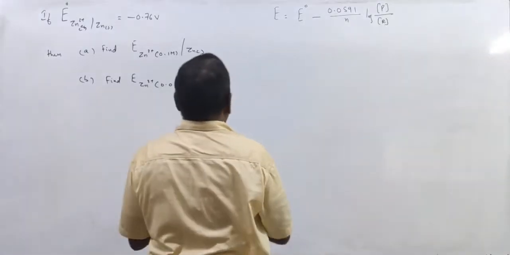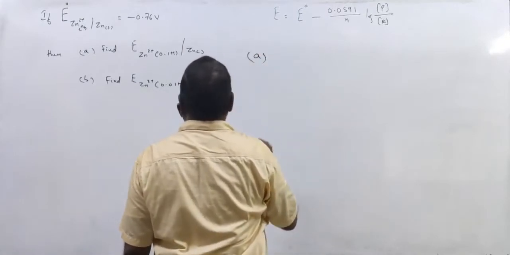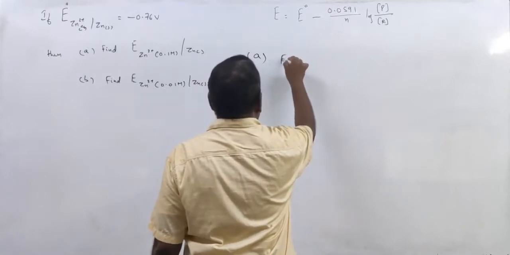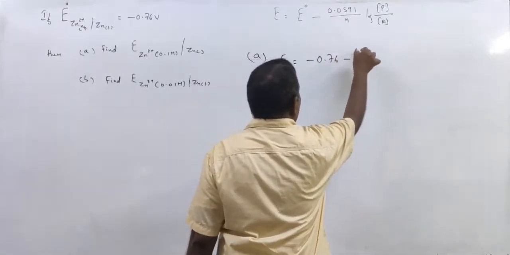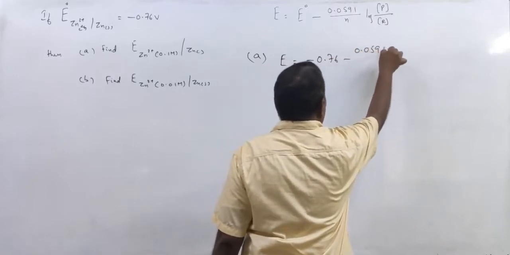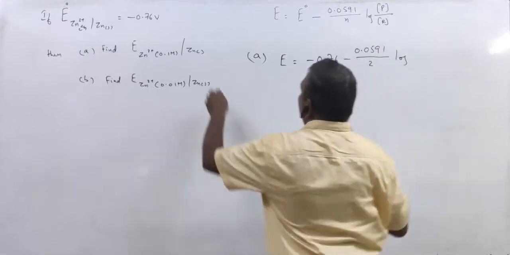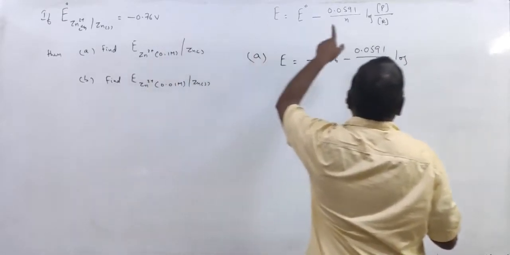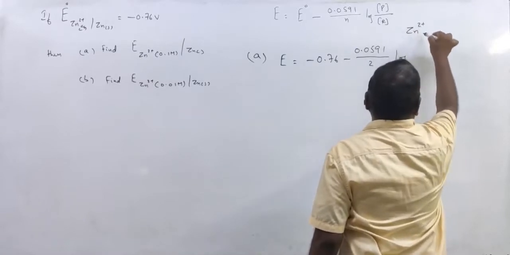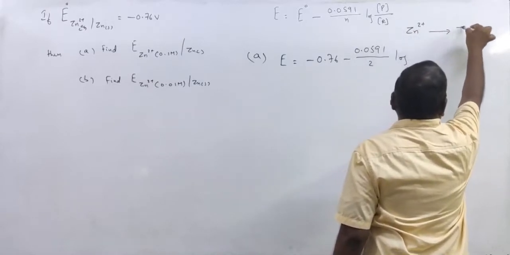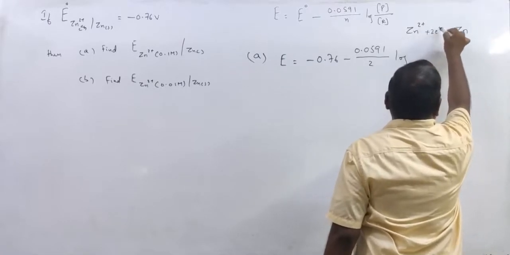Right. Now we are going to solve a small problem. E is equal to E naught, minus 0.76, minus 0.0591 by 2 log of Zn2+ to Zn. So, write the equation here: Zn2+ plus 2 electrons gives Zn.